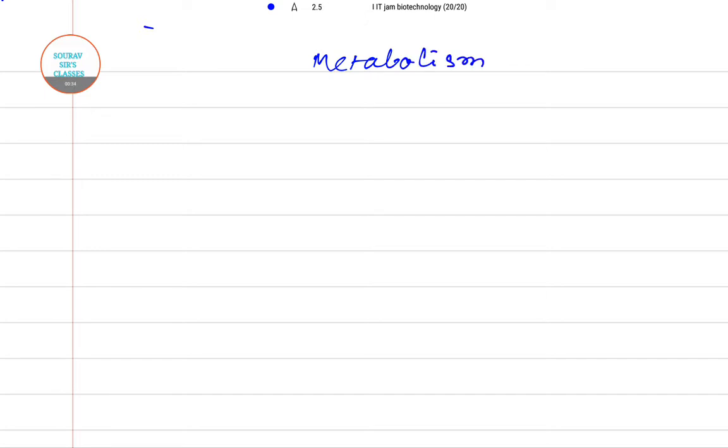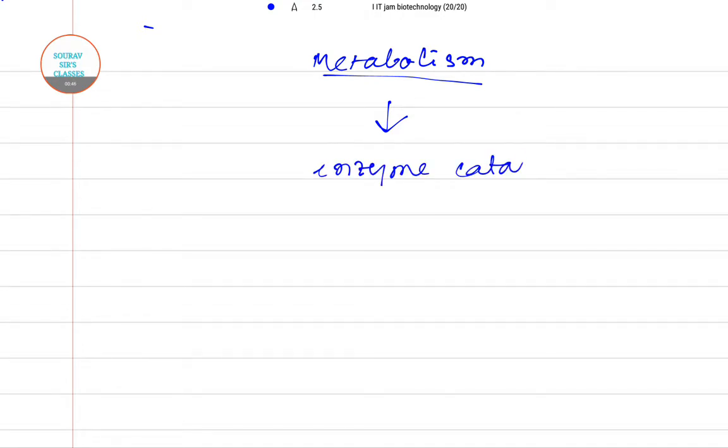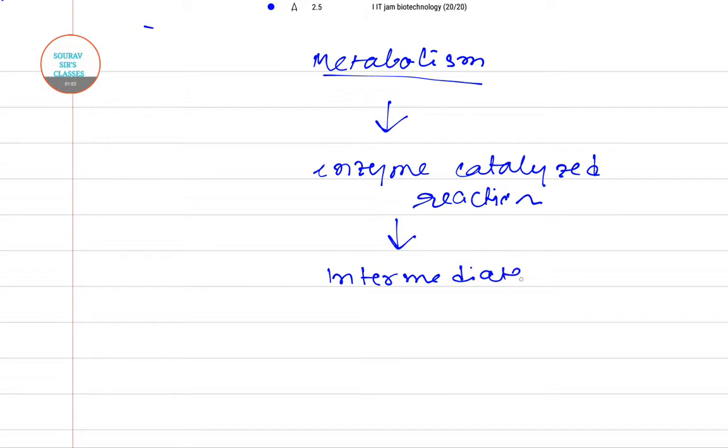Metabolism is a series of enzyme catalyzed reactions, forming some product. These products can be intermediate products. These intermediate products we mainly call metabolites, intermediary metabolites.